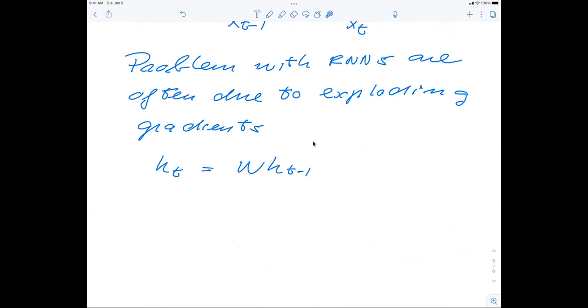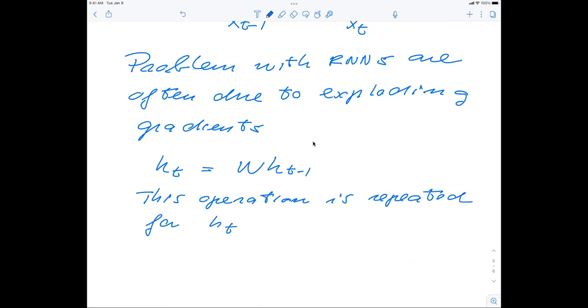Now, what we are going to do now is that this operation here is actually repeated many times, for this quantity h of t. This is repeated t times.